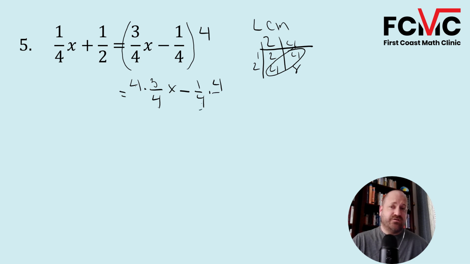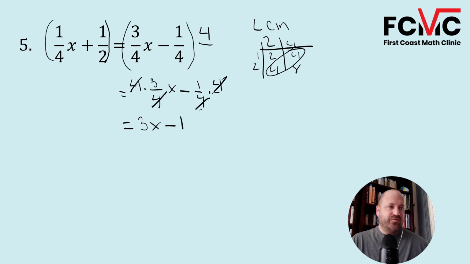They're going to cancel each other out. So the 4's cancel out, 4's cancel out, and on the right side, I'm left with 3x minus 1. All right, so we got rid of our denominators by multiplying the right side by 4. Well, in an equation, whatever we do to the right side, we have to do to the left side.